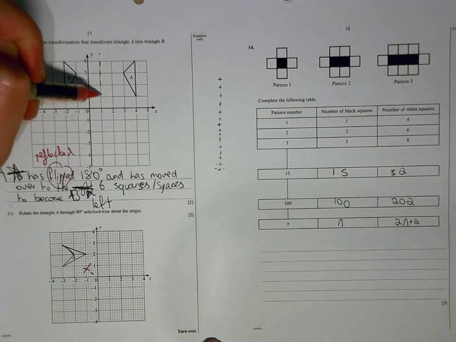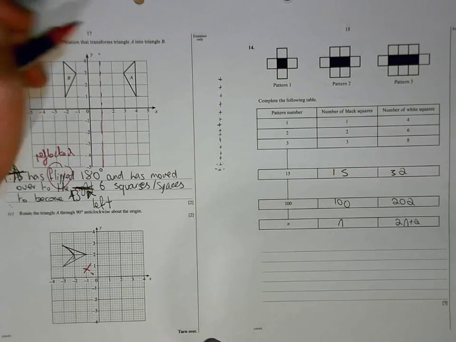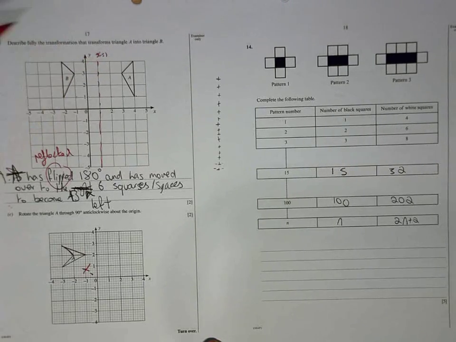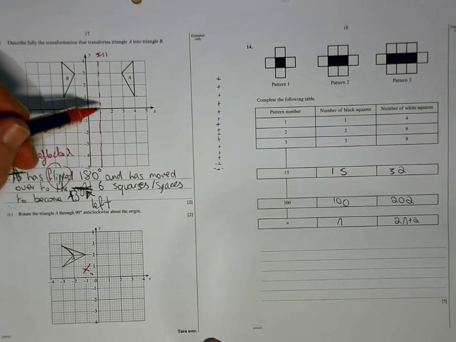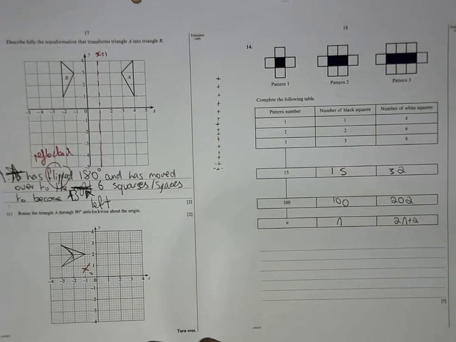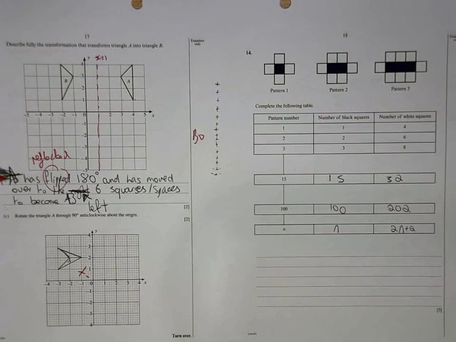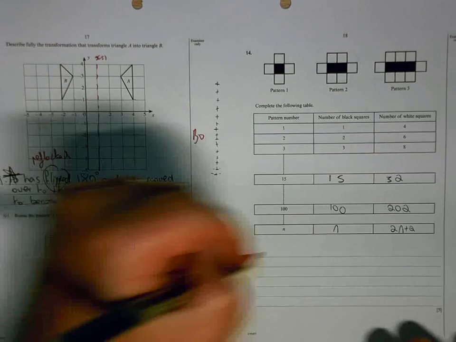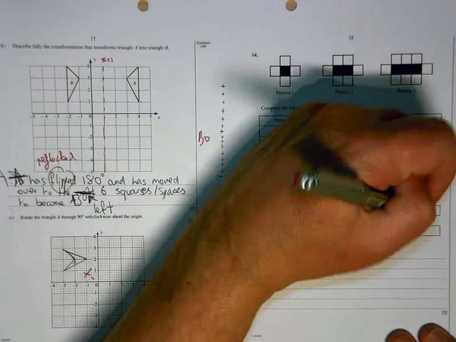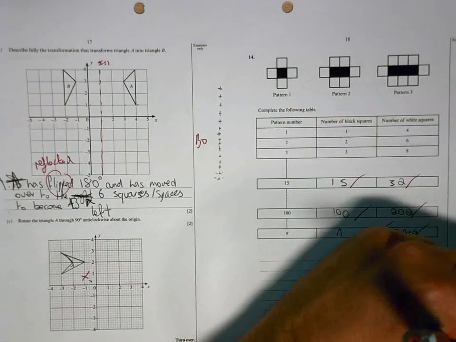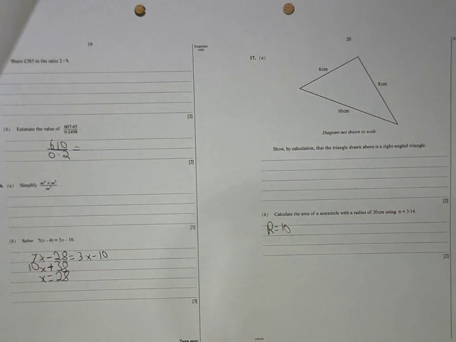And the mirror would have to be along that dotted line there. And in maths, that's known as the line x equals 1, because it's always got an x coordinate of 1. So to get the 2 marks, you would have said reflected in the line x equals 1. Well done, good stuff. 5 marks there.